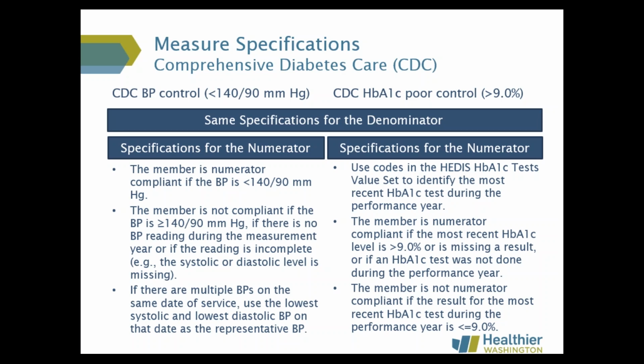These 2 measures are the ones where, based on the global criteria I described, and also narrowing it down to those with a diagnosis of diabetes or use of diabetes drugs in the measure year or the prior year, we're able to identify a narrowed down group of people that may be considered for denominator and the numerator.